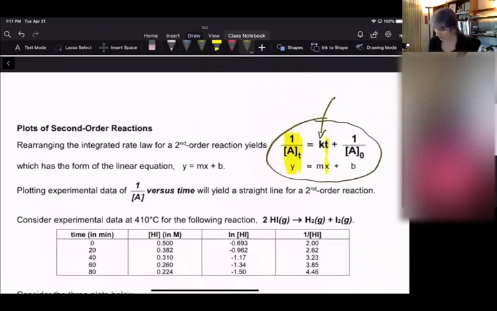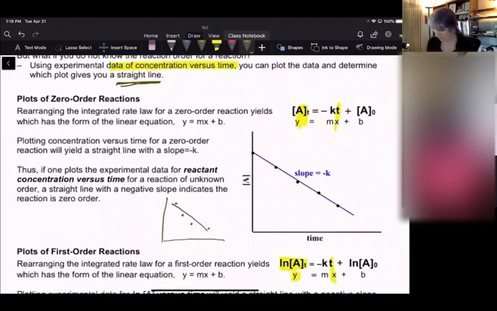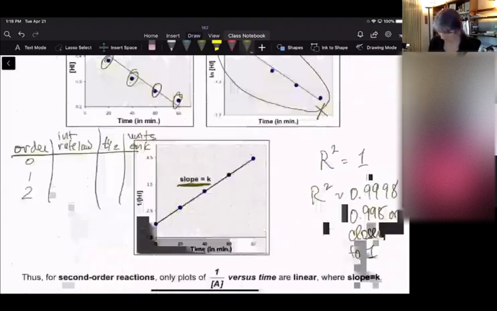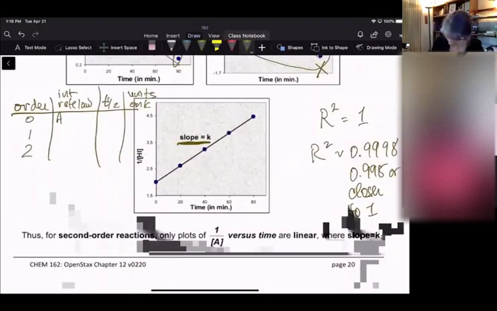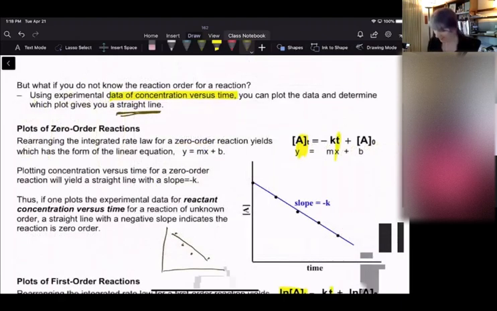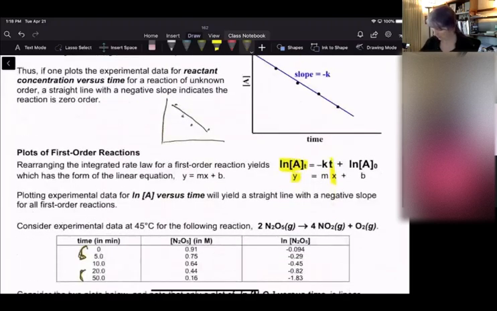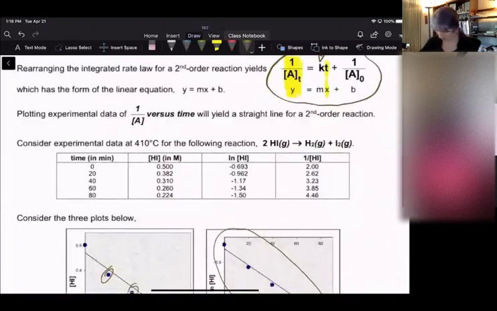Yeah, we'll just write these equations in there. So zero order, A at time t equals minus kt plus A naught. In the linear form, bringing it over to the right side, the initial concentration is positive. And then on the next one, same thing, but it's log of concentration.